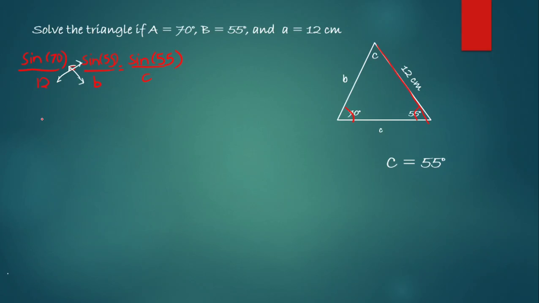So our equation now will be 12 sine 55 over sine 70.